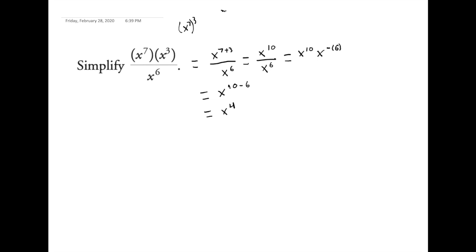So we know that when you're multiplying the same term, you add exponents on each term.